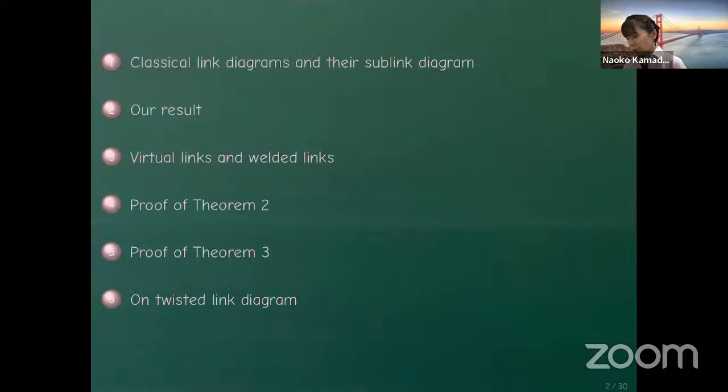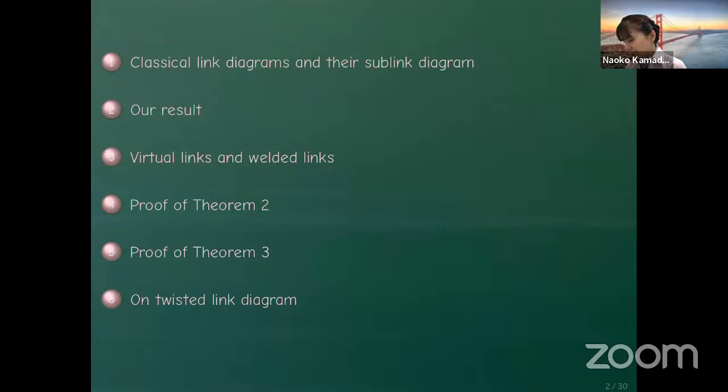Professors Jin and Lee studied classical link diagrams and their sublink diagrams, and they have a good, interesting result. In this talk, we discuss their theorem for virtual link diagrams. First, we introduce Jin and Lee's theorem for classical link diagrams.